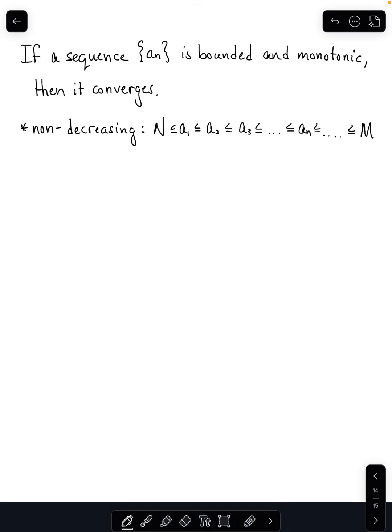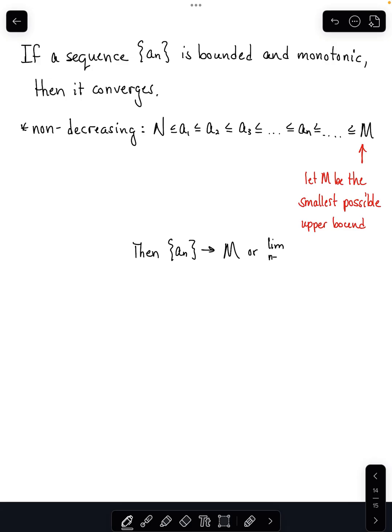So the idea here is that if we use m as the smallest possible upper bound, in that case, the terms of the sequence are approaching m, and that means the sequence converges. This is the very definition of convergence.